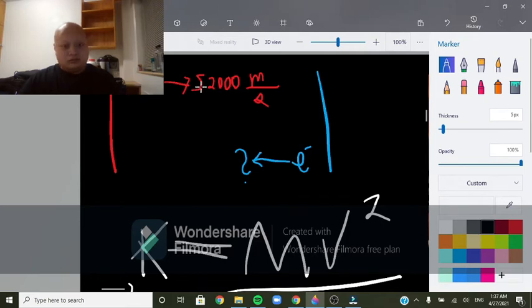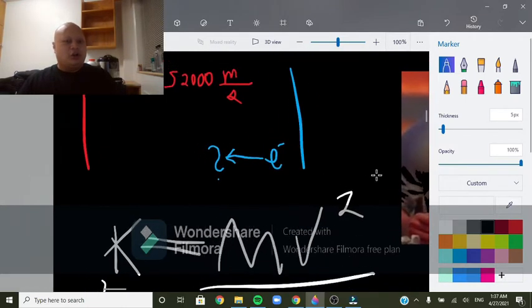In order to do that, we have to get the kinetic energy since both the proton and the electron have mass. According to the conservation of mechanical energy, no energy can be created or destroyed, the energy just changes forms.